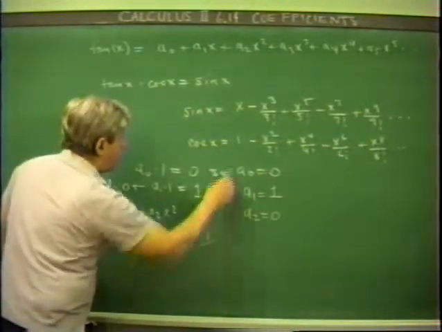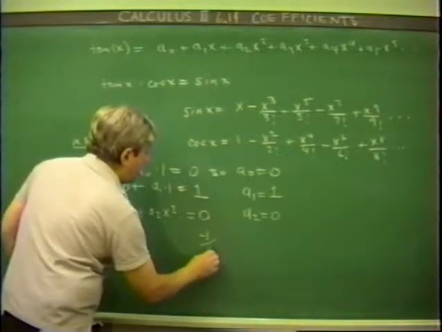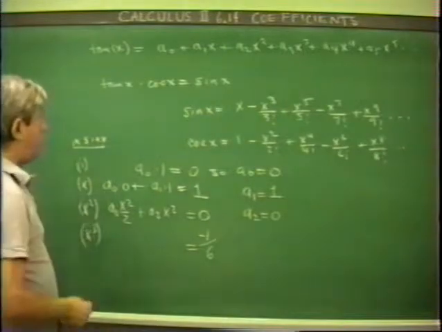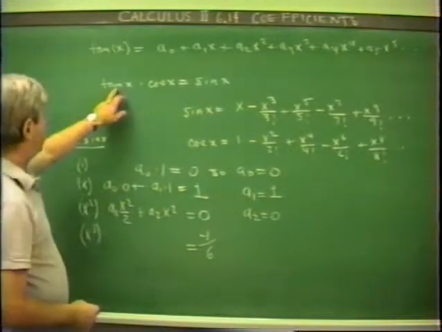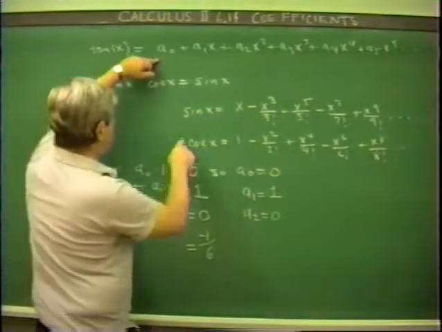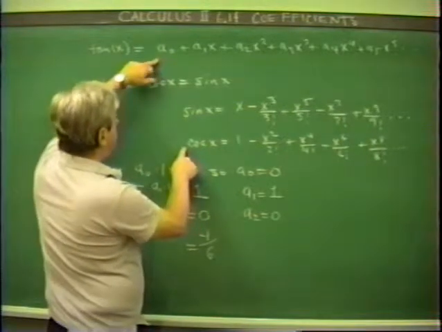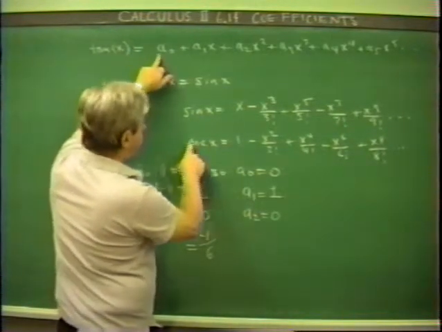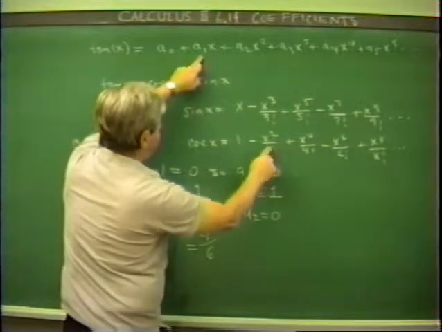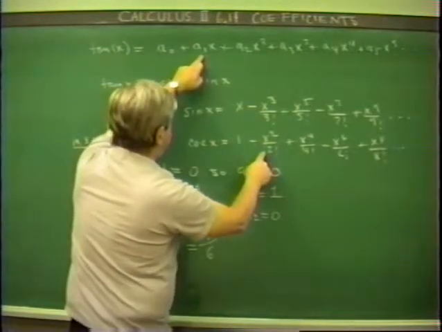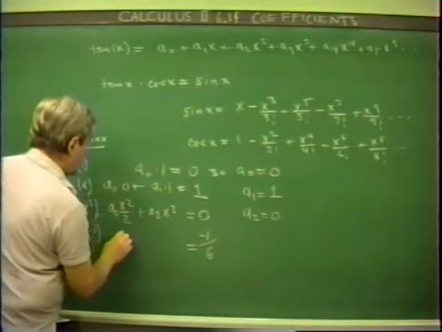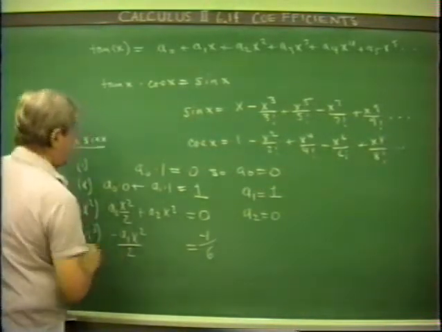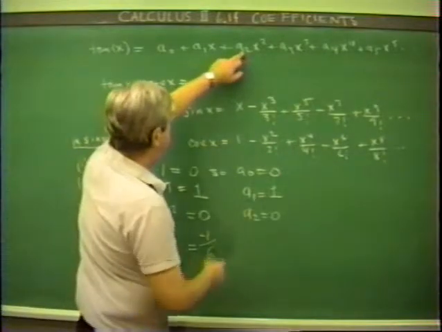The x cubed term in sine x is going to be minus 1 over 6, minus 1 over 3 factorial. And that has to be equal to what we get when we multiply the tangent times the cosine. And look at the x cubed term. Well, we're going to get a0, there's no x cubed term here, a1 times x squared over 2 factorial.